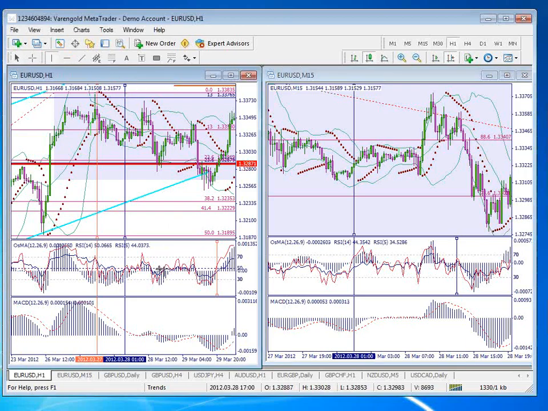I have the signal for buy. And also, probably at the next candle, I have the confirmation from MACD, something that I was waiting for.